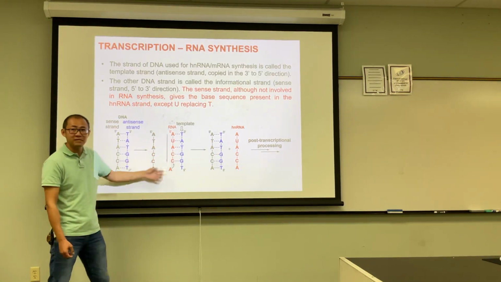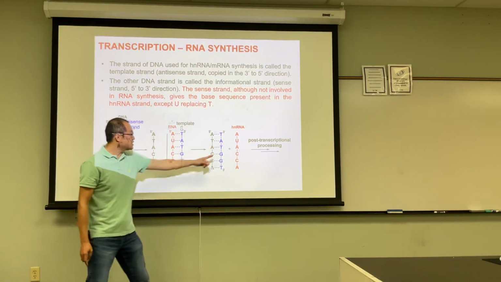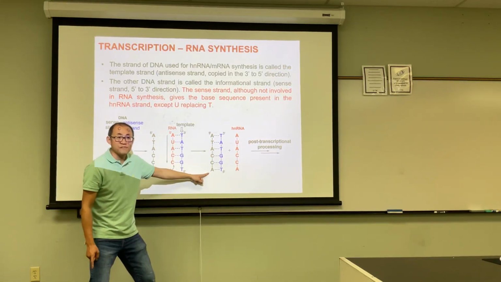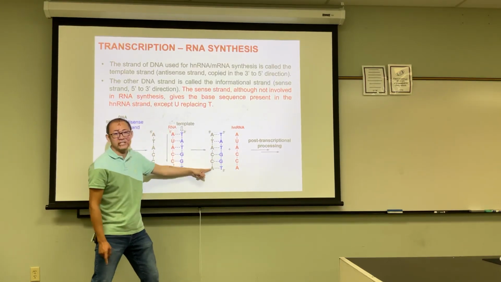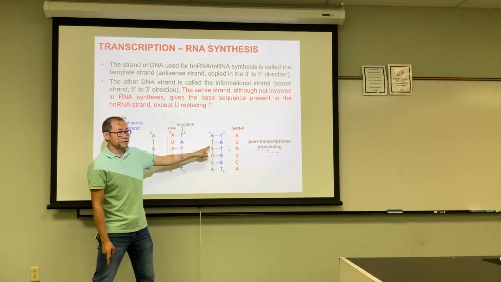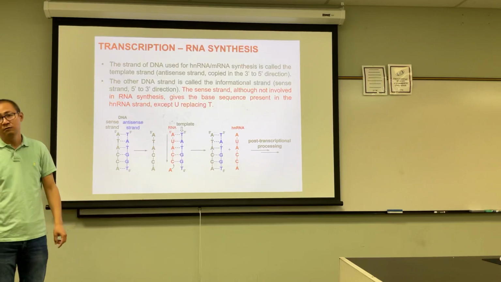After that, you get hnRNA. And take a look at the sequence of hnRNA. Is that the same as the informational strand? AU-ACCA, AT-ACCA. Again, except U is replaced with T. You can always verify if you made a sequence right.